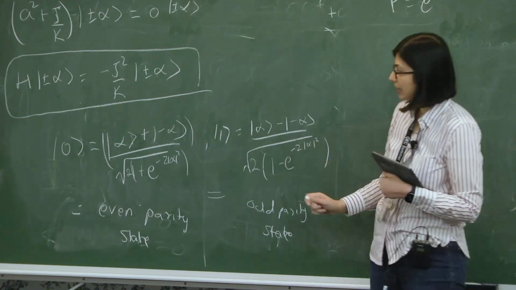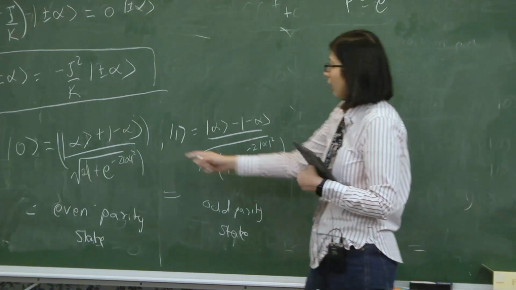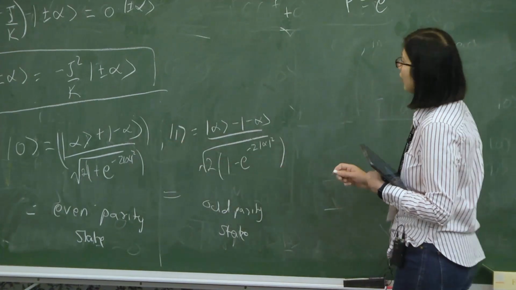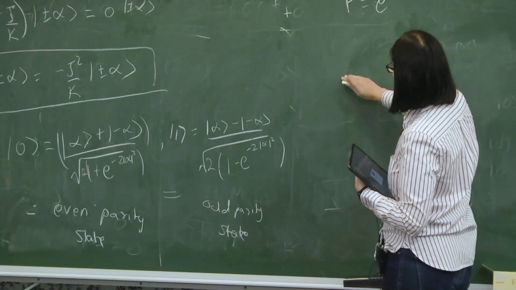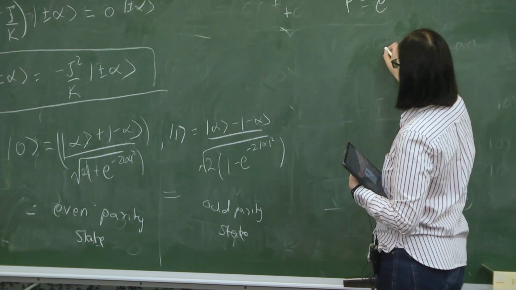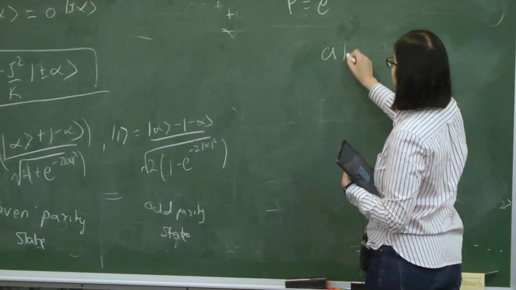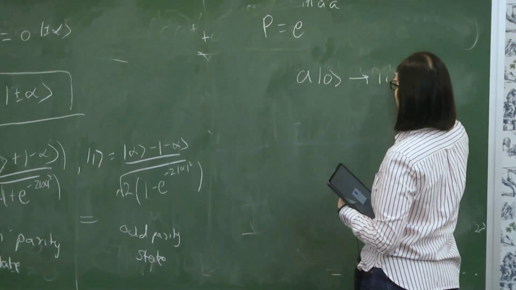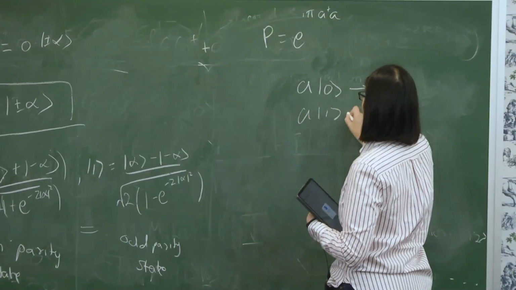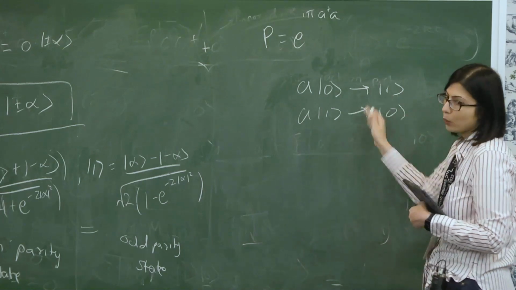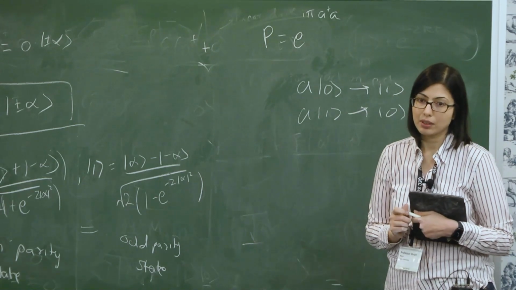You can immediately see that, because if you call this 0 and this 1, a acting on the 0 state will take you to the 1 state, and a acting on the 1 state will take you to the 0 state, and you won't satisfy the error correction criteria.